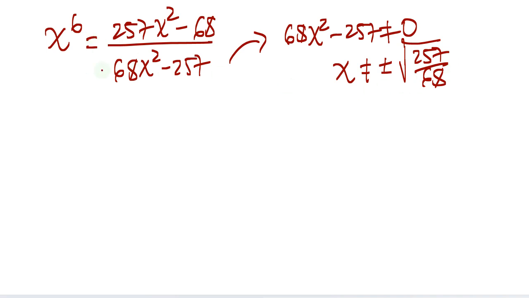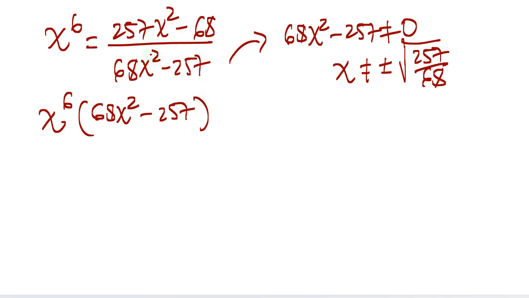Okay, so now I'm going to multiply these two here. So this is x to the 6, 257, and then it will be equal to this one here, and I'm going to bring this negative here, and then this is equal to 0.